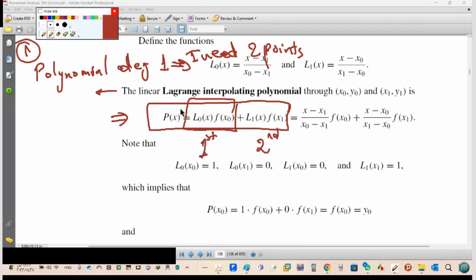As you see, we have L0(x) f(x0) and L1(x) f(x1). So I ask myself, what is L0? What is L1? This is the big question to find the answer to.